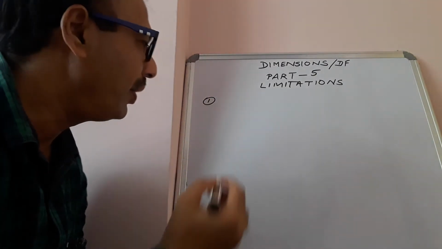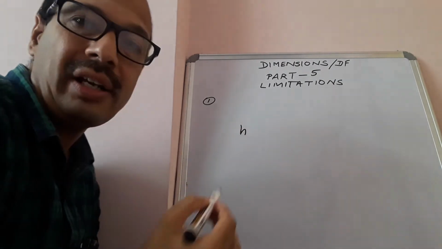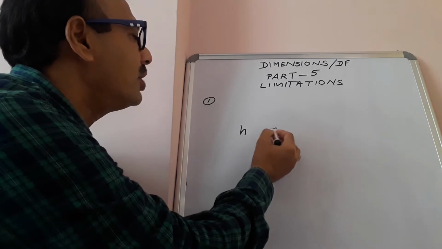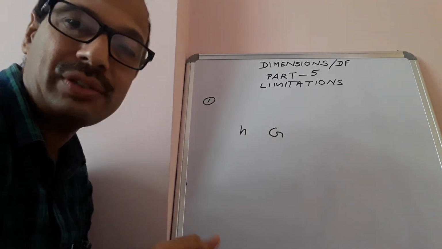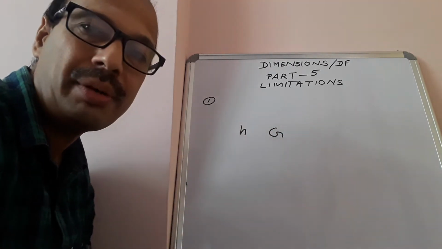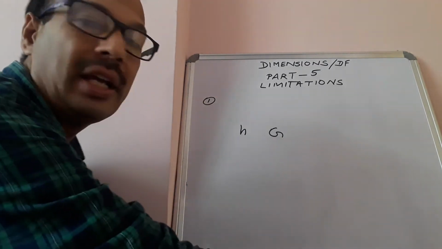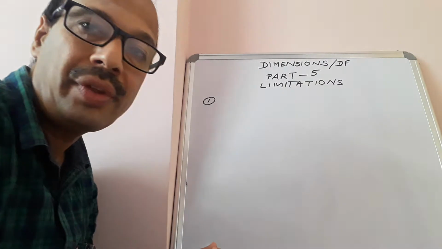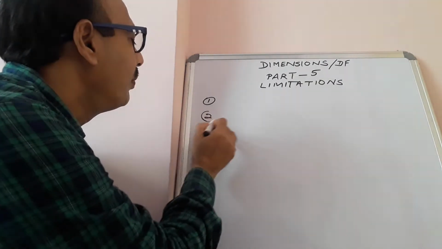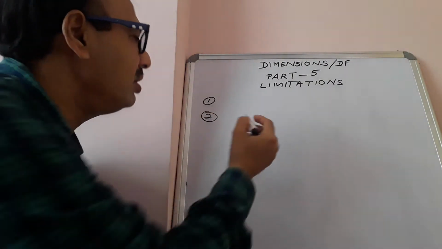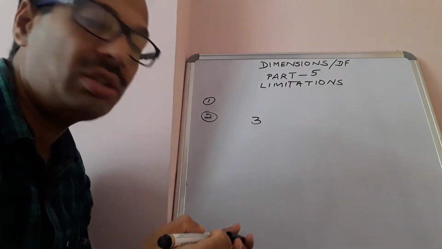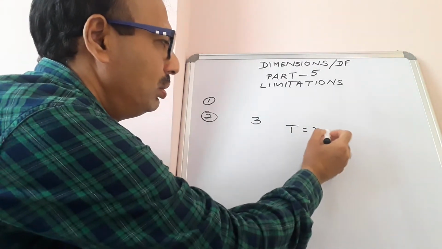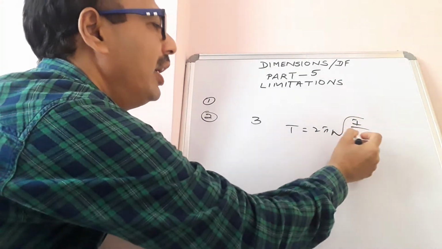First one, we can derive the dimensional formula of physical constants like Planck's constant, gravitational constant, but we cannot find their values. That is the first limitation. Second one, if the equation has more than 3 quantities like T is equal to 2 pi root of I by mgl.